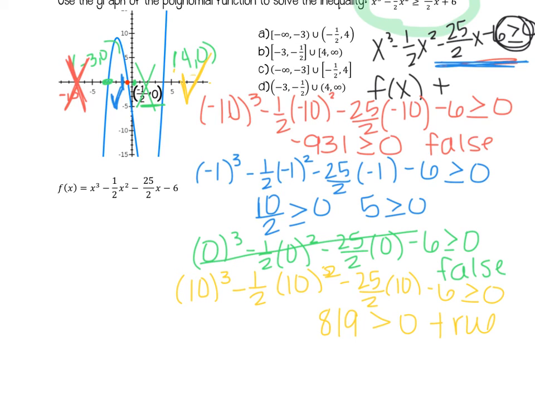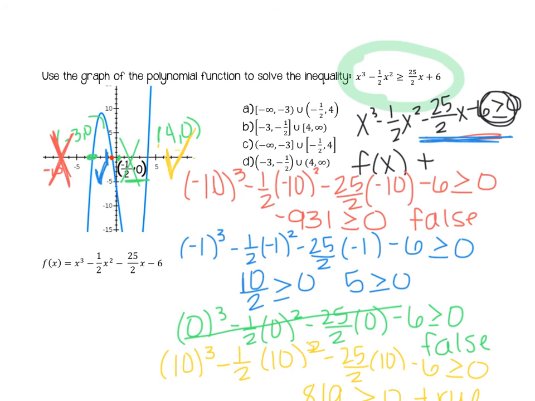Now it's time for me to pick my answer choices. If I go back up to my original problem, I saw that this was an or equal to. That tells me that I'm going to be using brackets on everything except for infinity. Looking at my answer choices, I automatically know that A can go away because I cannot have a bracket on infinity.